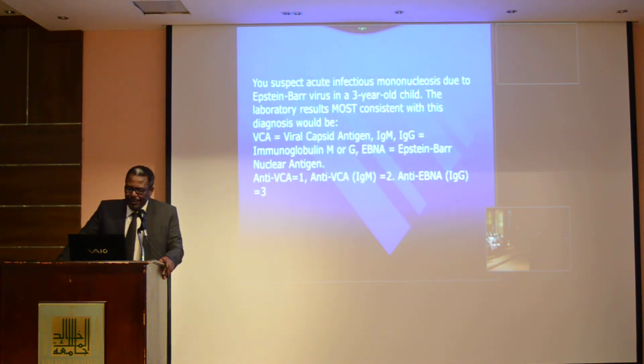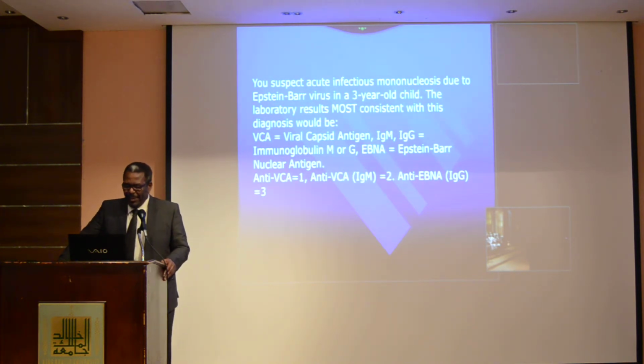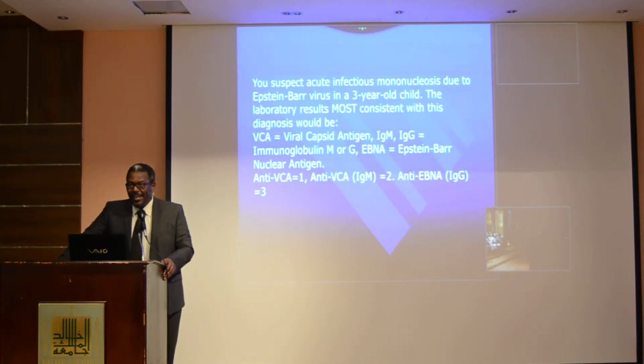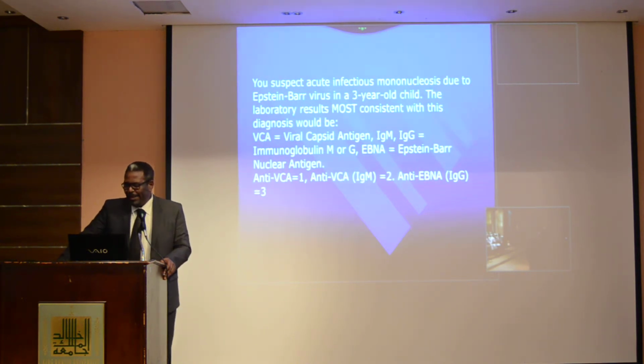Have a look at this one. Well, he's asking about diagnosis of Epstein-Barr virus, and he's using these type of things here: viral capsid antigen, IgM, IgA immunoglobulin, and Epstein-Barr nuclear antigen, and he's giving a key again.